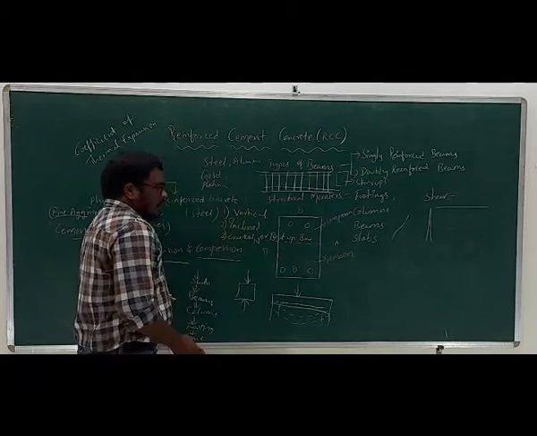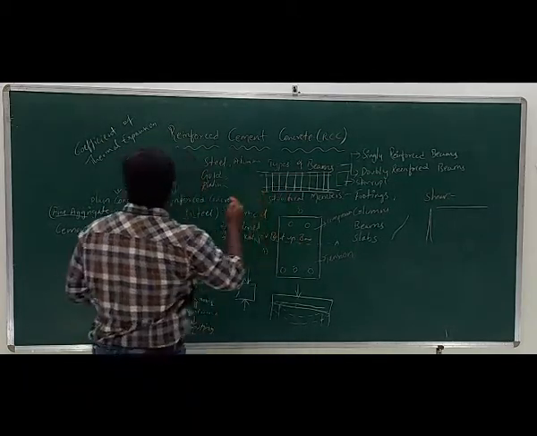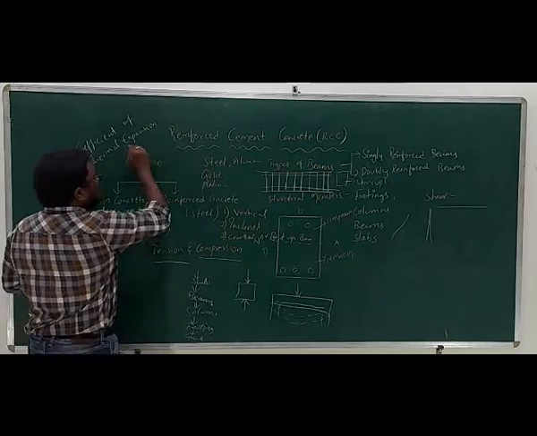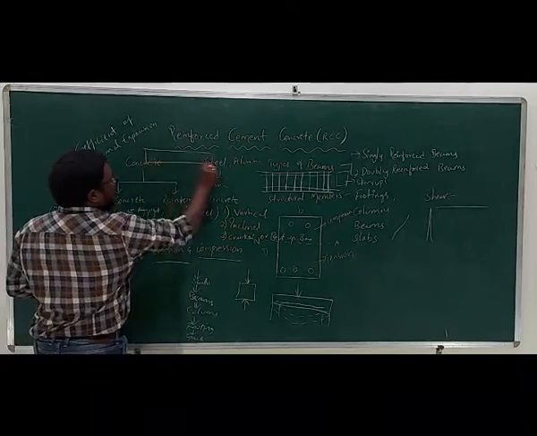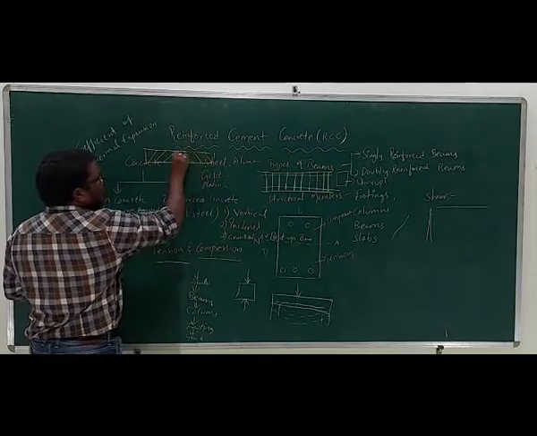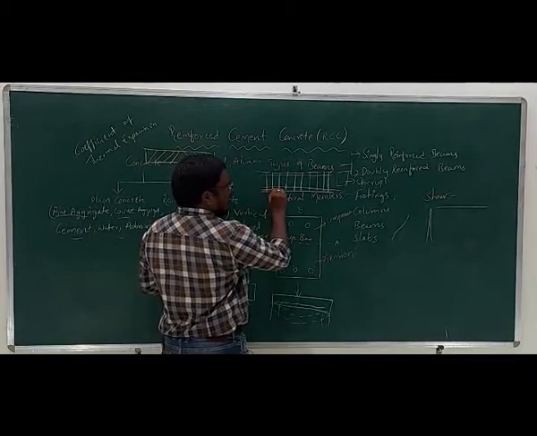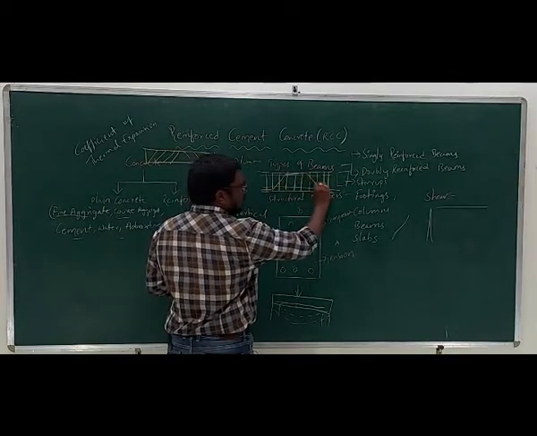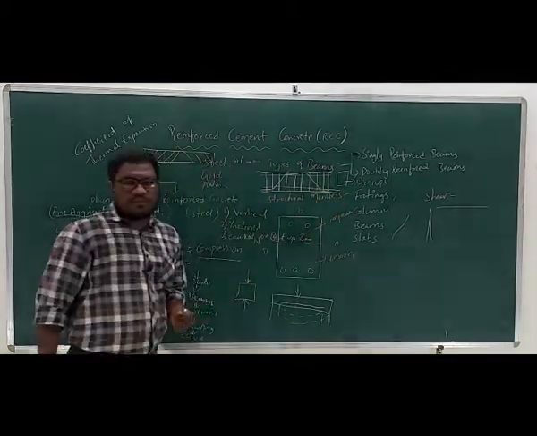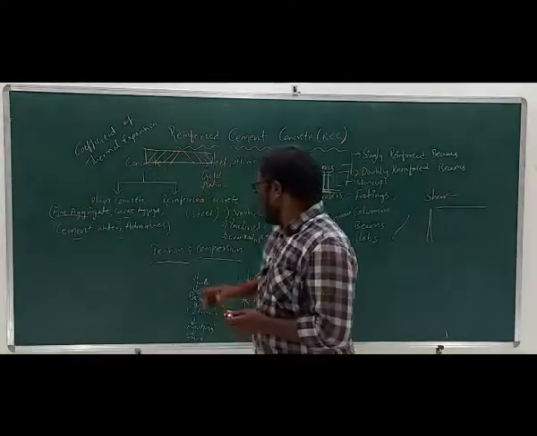In this diagram you can see the vertical stirrups, and the inclined stirrups are provided like this. Coming to the bent up bars, we are going to provide them like this in the middle of the beam. And we do not use these inclined stirrups.